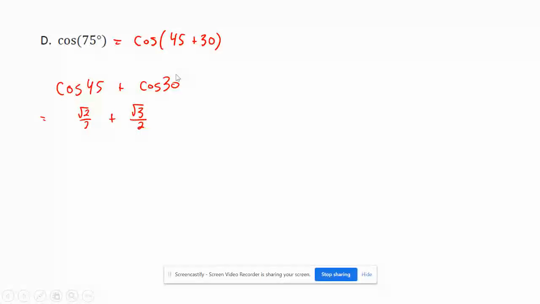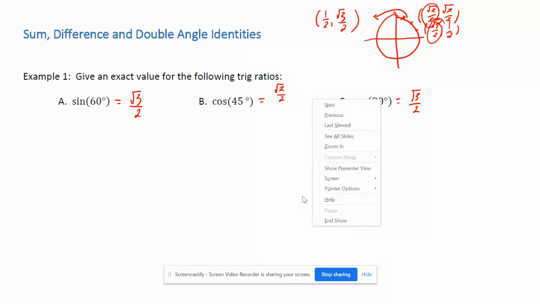Guys, I'm just going to go on my calculator here and figure out what this decimal is going to be. My calculator is in degree mode, so mode degree, and then square root of 2 over 2 plus square root of 3 over 2, and this answer gives me 1.573 and so on. Now if I go cos of 75 degrees, hopefully we're seeing there's a bit of a problem already.